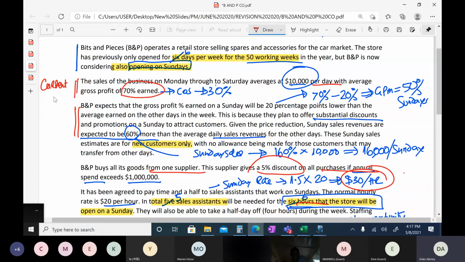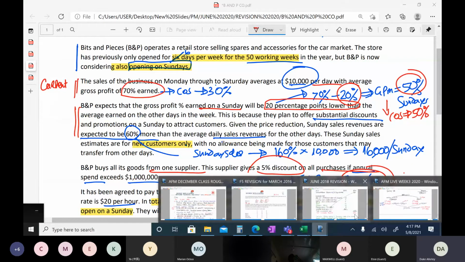But it says they expect that the gross profit earned on Sunday sales will be 20 percentage points lower than the average. So 20 percentage points lower will bring us to 50% gross profit margin. So it means that the cost of sales, which is our purchases, would also be 50% on Sundays.